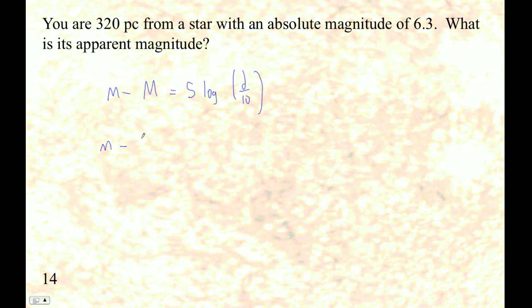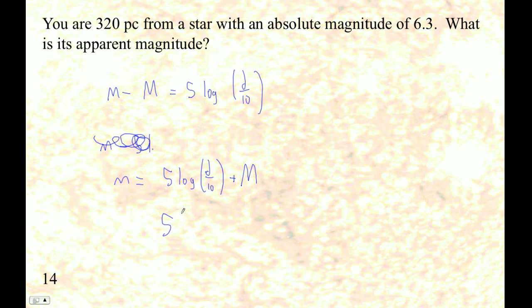So m minus 5 log. Oh, it's apparent magnitude. We're solving for little m, right? So little m is equal to 5 log d. Or we add big M to it. Is that right? Yeah, that's right, because I'm just going to add that to that side.